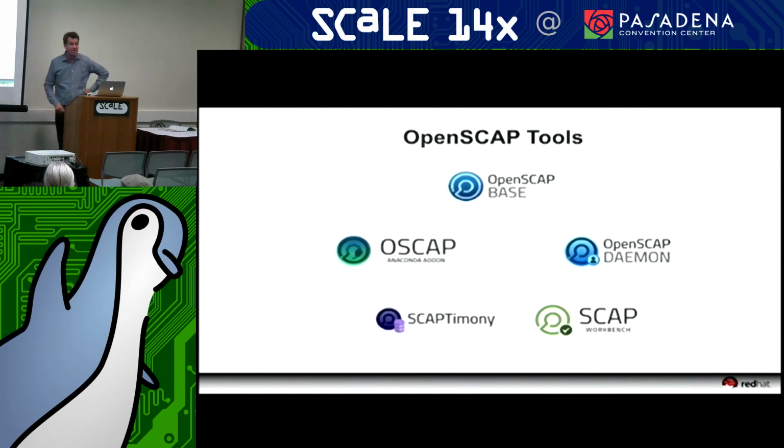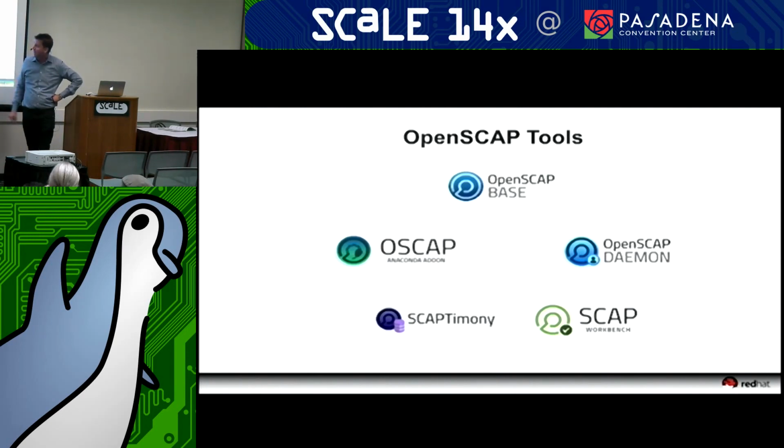SCAP Workbench is a way to actually edit and define and customize policies for OpenSCAP. SCAP Moni is a middleware that can be integrated, and today it integrates with Foreman, provides a database so that you can have a history of your scan information.